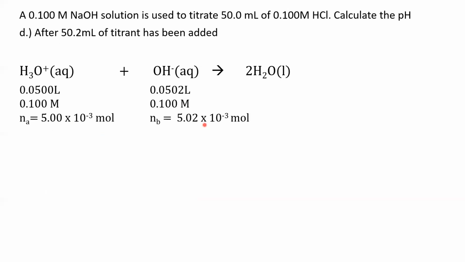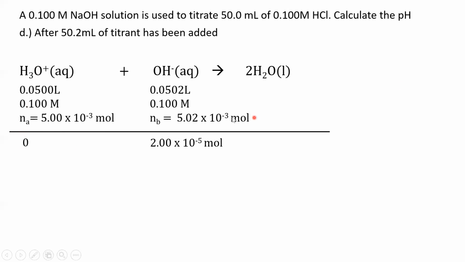Now the hydroxide becomes in excess. Not by a lot, but a little bit. All of the hydronium is going to react. We're not going to have any of it left over. It's the limiting reactant. We're going to have a little bit of hydroxide left.